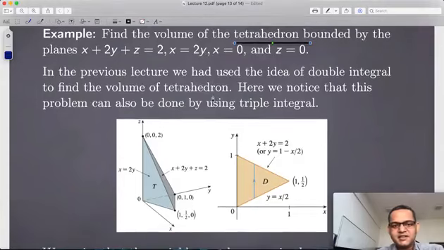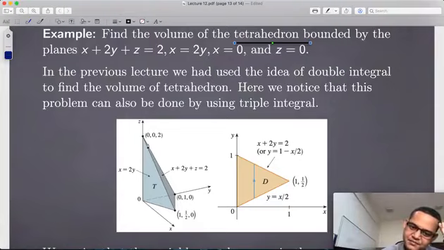Okay, and to do this we had used the idea of double integral. Because what we did, we looked at this surface, and then the domain was this one over here in the xy plane. So we computed the double integral of this surface over this domain, and that gave us the volume which we wanted.